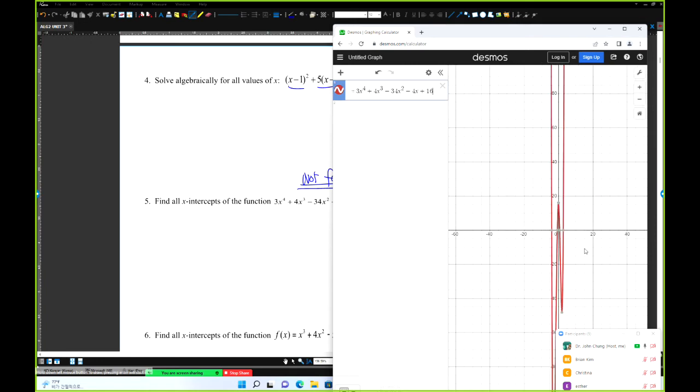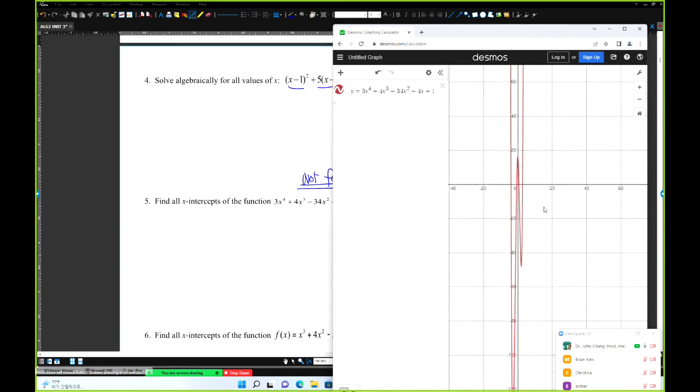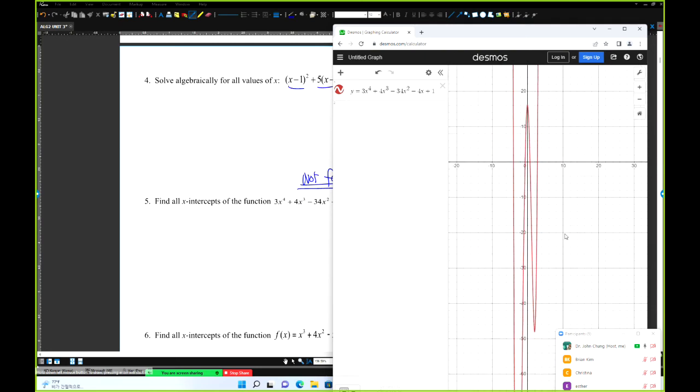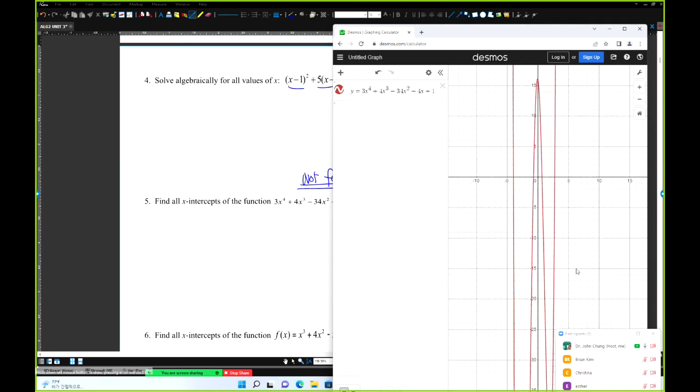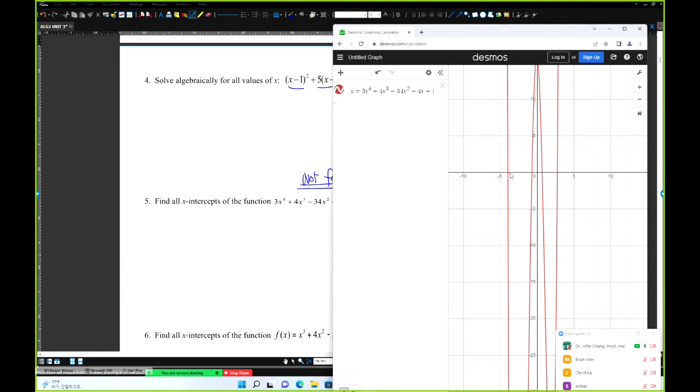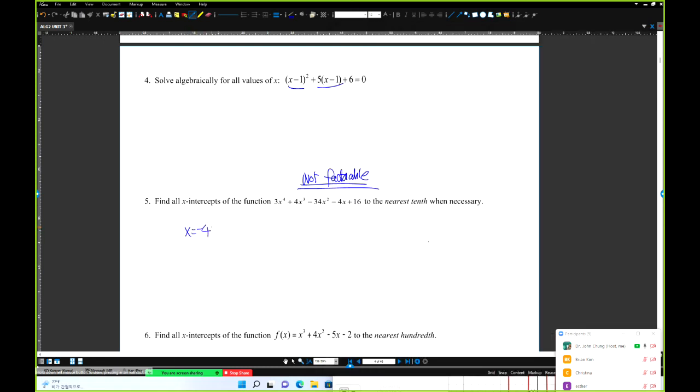Can you see that? Okay. Anyway, I'm gonna make it big. Anyway, this is the graph. We have 4 x-intercepts. That's the zeros. This one is negative 4 first. X equals negative 4.